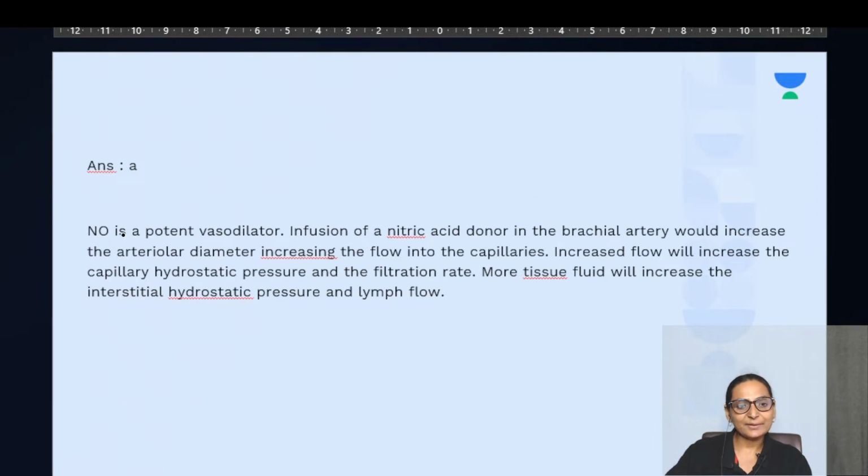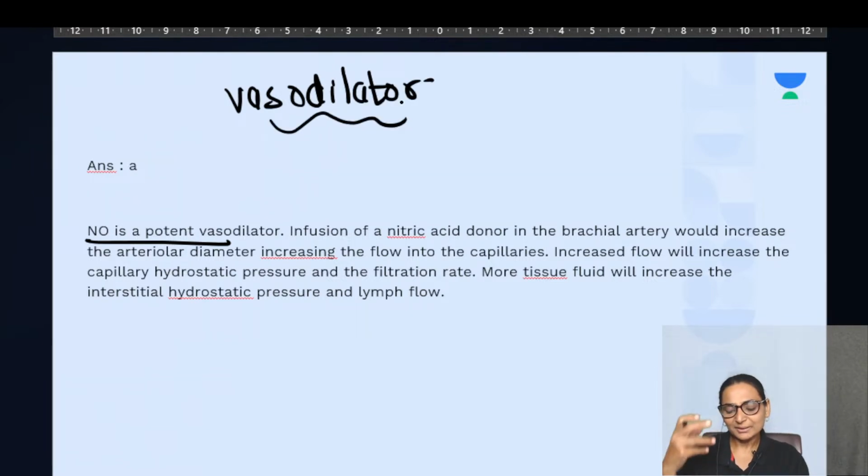Now, what is nitric oxide? It is a vasodilator. That means you are increasing the arteriolar diameter. When you increase the arteriolar diameter, you increase the flow to the capillaries.